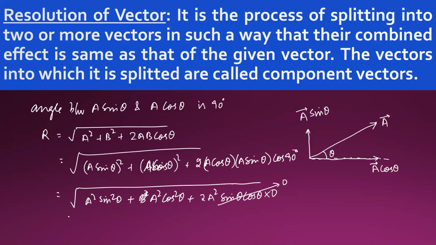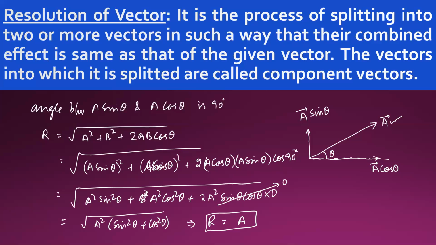So that expression will be 0. Here this will be A square times sin square theta plus cos square theta. So R is equal to A. So what we have done is we broke the A vector into two components, and the resultant of these two components is equal to the A vector.